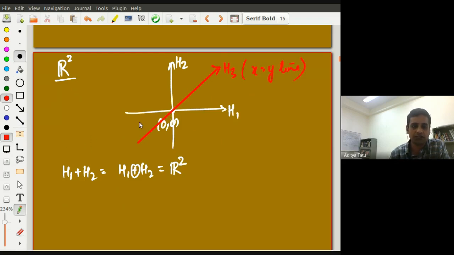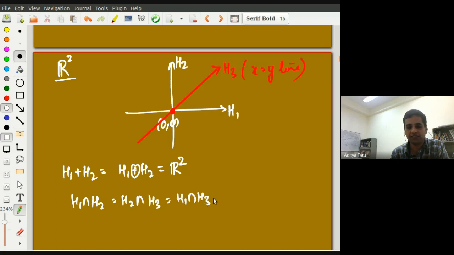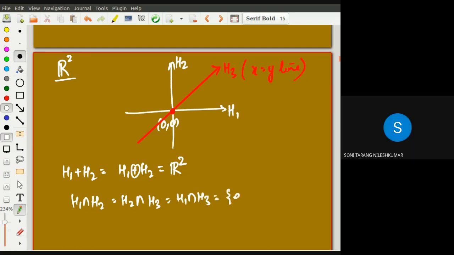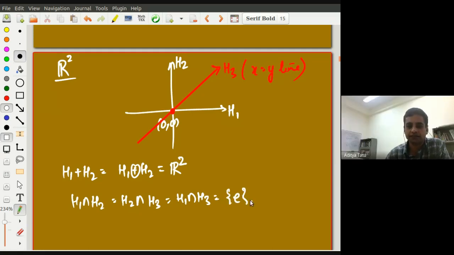I hope all of you agree that this is a subgroup. What is H1 intersection H2, H2 intersection H3, and H1 intersection H3? The origin, or the identity.